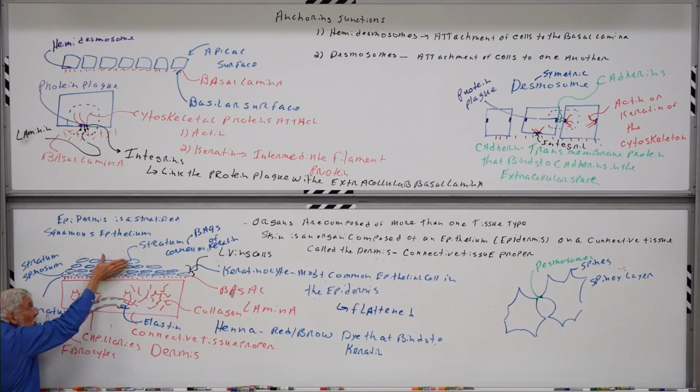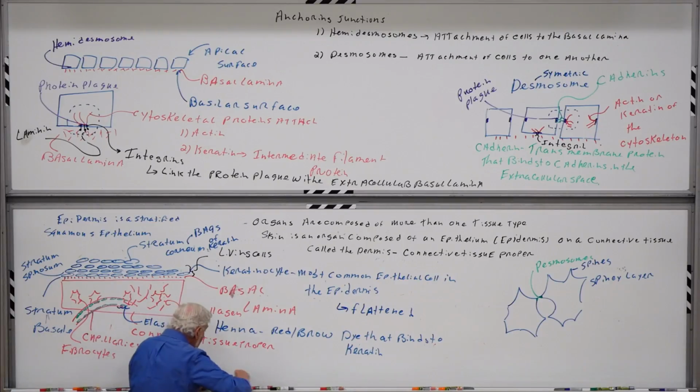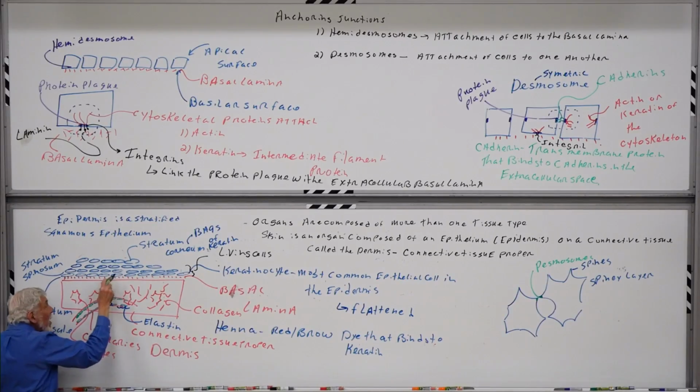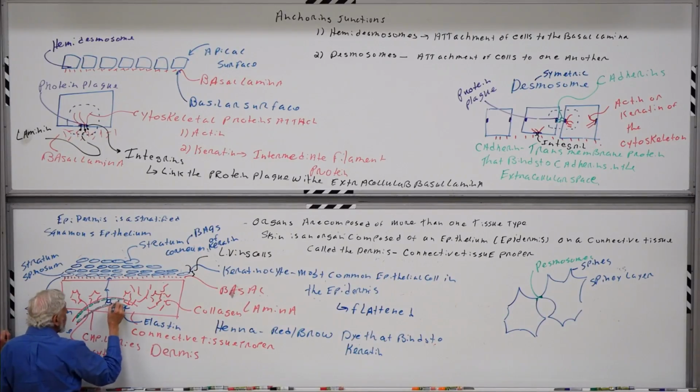This has implications for the epithelial cells because it means that oxygen must diffuse across the capillary wall out into the dermis to then feed oxygen to these epithelial cells. It also means that glucose needs to diffuse out of the blood into the dermis and out to the epithelial cells.